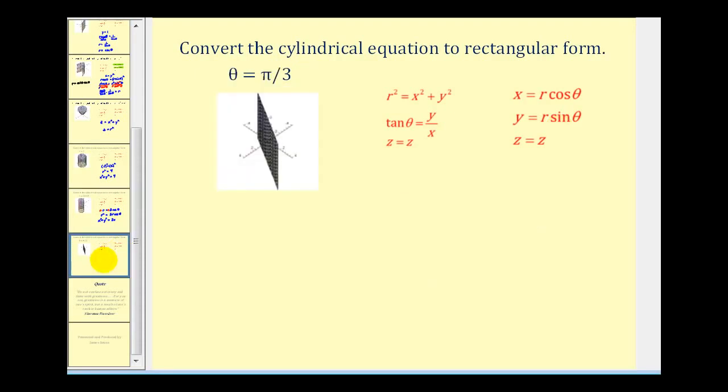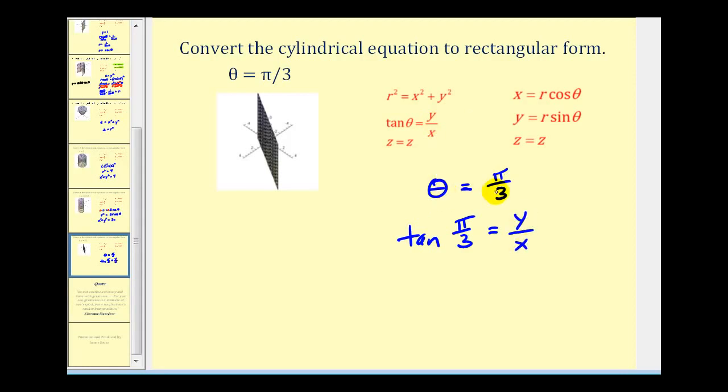Here we have theta equals pi over 3, so we want to convert this cylindrical equation to rectangular form. So if we want to introduce x and y and eliminate theta, we're going to have to deal with this equation here where tangent theta is equal to y over x. Well, if theta is equal to pi over 3, this equation will become tangent pi over 3 is equal to y over x.